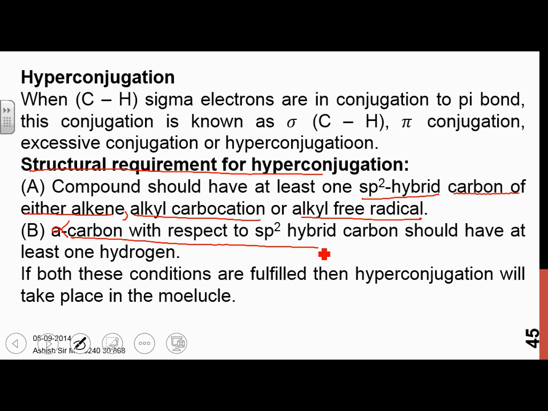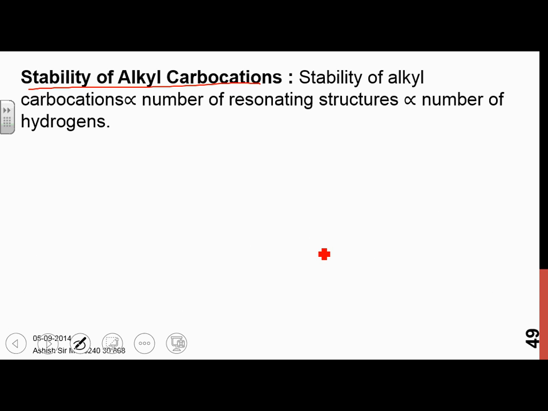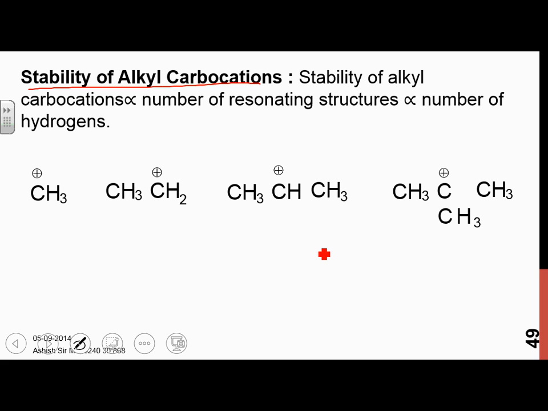Okay. Let us see this. We have learned about these parts. Now I am talking about stability of carbocation. See, I have four kinds of carbocation. In this carbocation, this is the positive charge carbon. It is directly associated with three more alkyl groups. That's why this carbocation is known as tertiary carbocation.